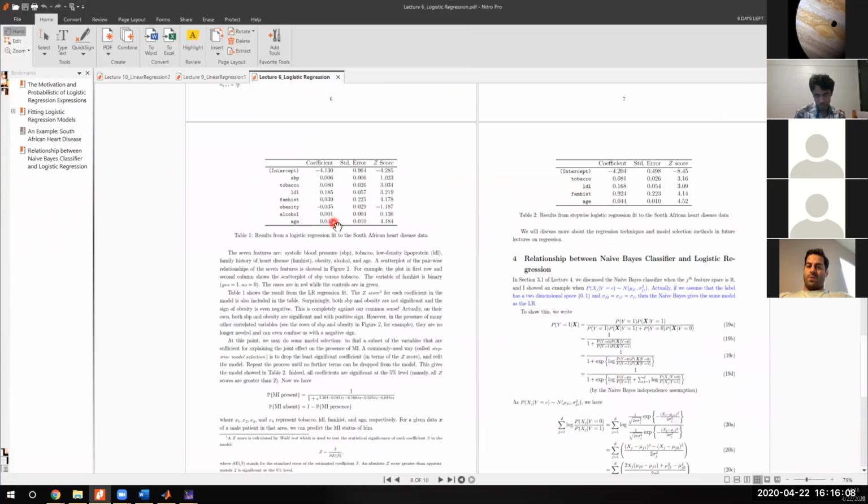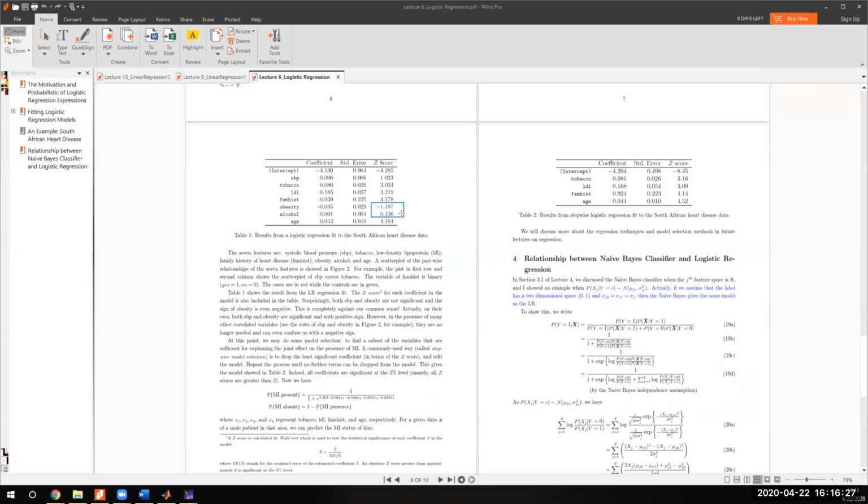See here. In the beginning, I have so many columns, so many betas. And then we removed several, because their Z-score is less than or equal to 2 in absolute value. This means they're out of the 95% confidence interval. So we remove it. And also we removed this one.